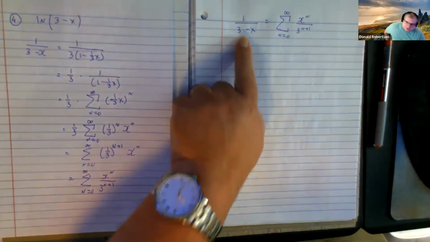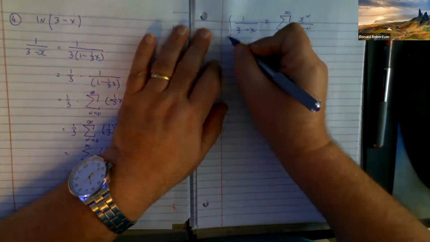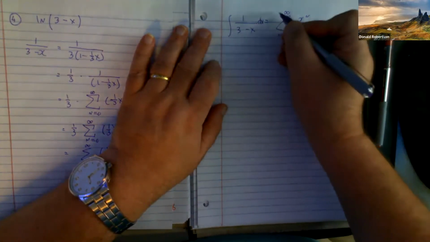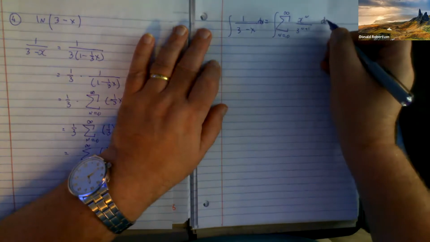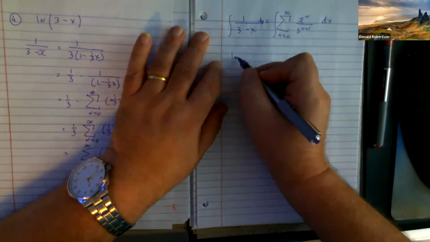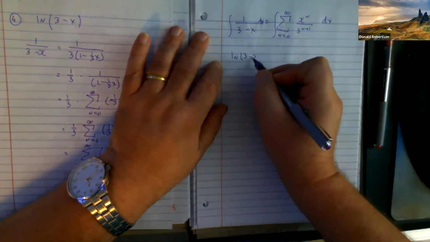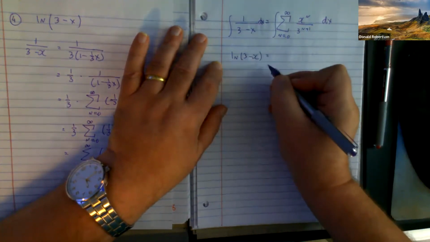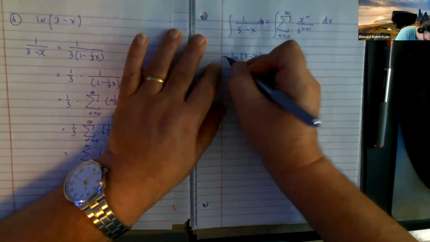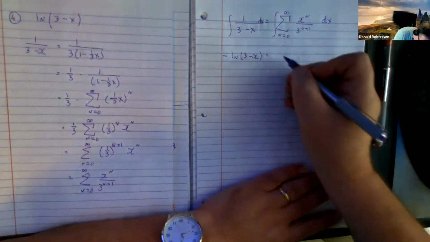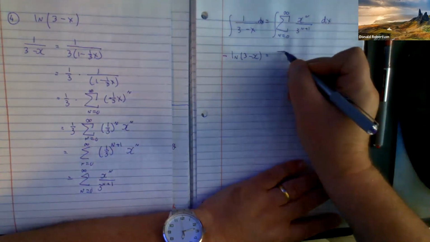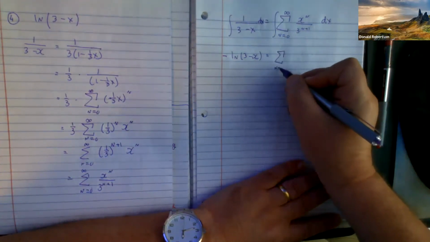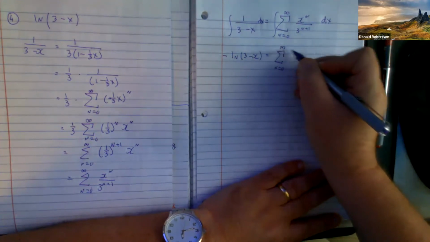Well, first we got this guy. And then we realized that if we integrated it, we would get the natural log of 3 minus x times a -1. And this can be switched. So we'll do a sigma of an integral.